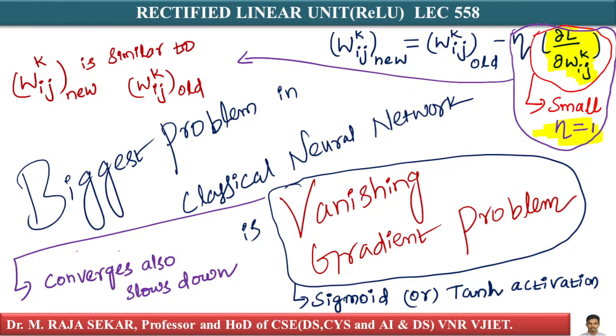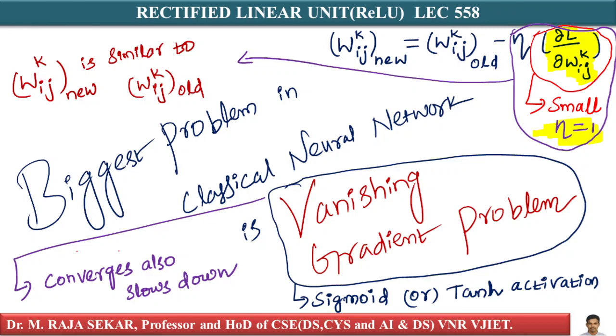And you will not be able to converge to the solution fast enough, and you will not be able to train very deep neural networks. You will be able to train only shallow networks, maybe 2-layer networks or 2 hidden layer networks, or maximum 3.